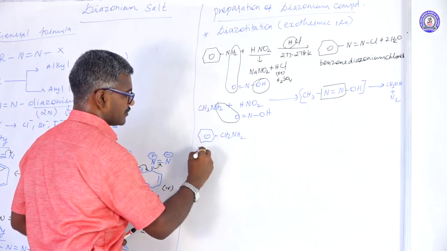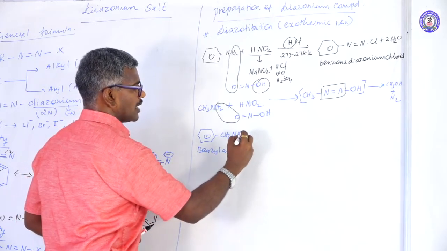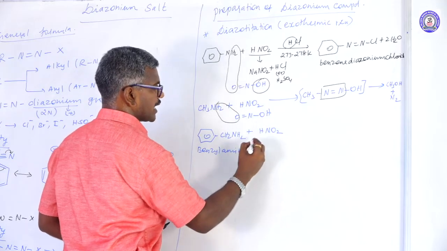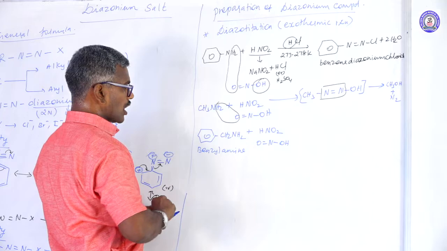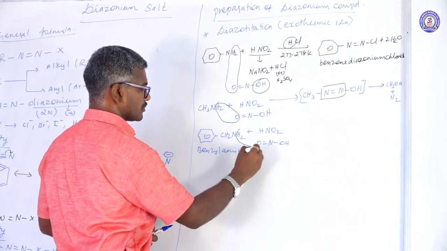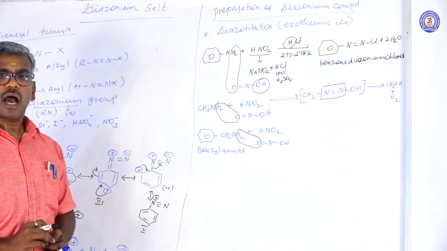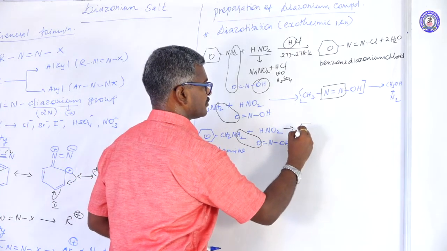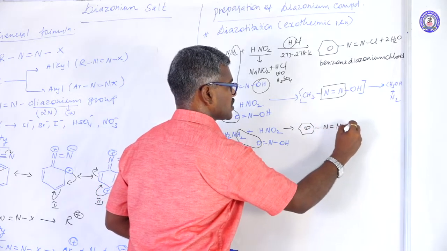Another one. This name is benzylamine. React with nitrous acid HNO2. How to write the nitrous acid? O double bond N OH. Removal of water molecules. Hydrogen from the amine, oxygen from the nitrous acid, to form N double bond N OH.